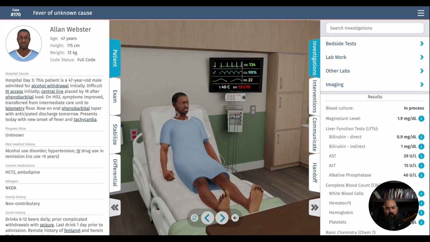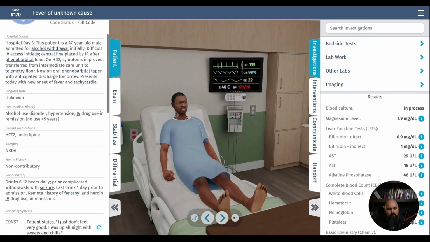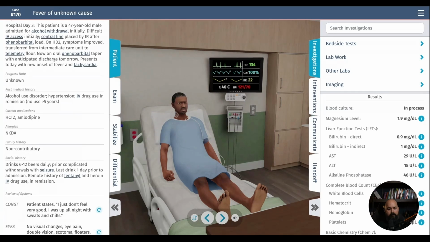Now, what's one of the things that gives me a little bit more pause than it normally would? One is his drug abuse history. If I remember correctly, it doesn't really differentiate how long and what the severity of his drug use was. It does say he hasn't used in greater than 5 years. We're going to take him at face value for that. But we have to consider that there may be some underlying heart issue that maybe hasn't been discovered until you start flooding them with fluids.